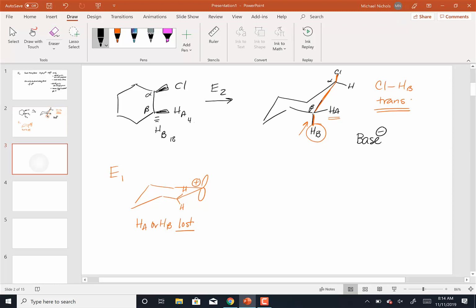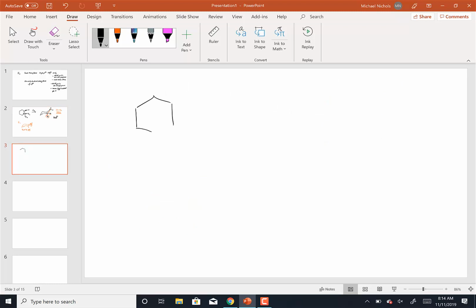If I gave you this molecule and I said, let's do this by E2, and I write my products, in other words, I'm going to lose a beta hydrogen and the chlorine, because that's what's going to happen.